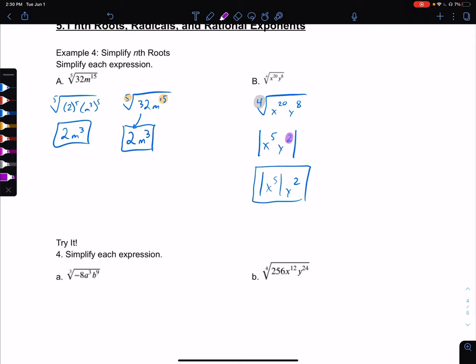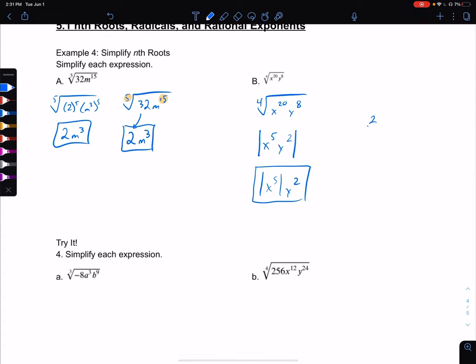If you really want to understand why this is all the case, it really just comes down to having positive roots. If you don't care about the why, just learn the process and you'll be okay. But once again, if you have an even root, this 4 here, one more time, you're going to need absolute values.